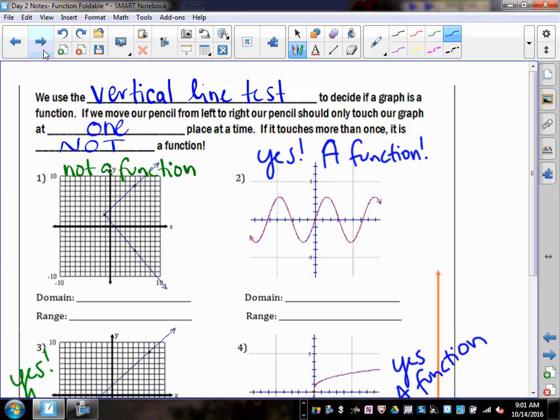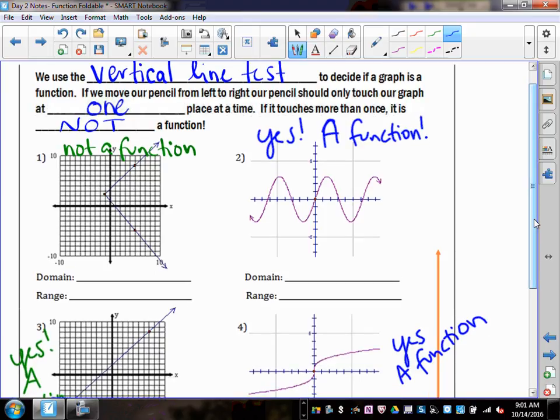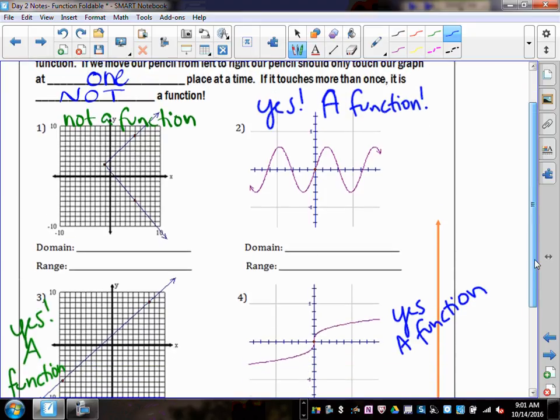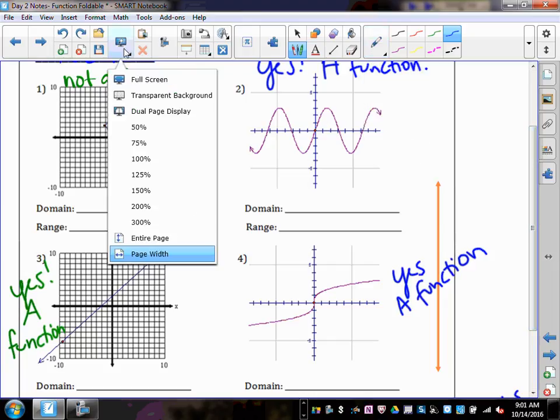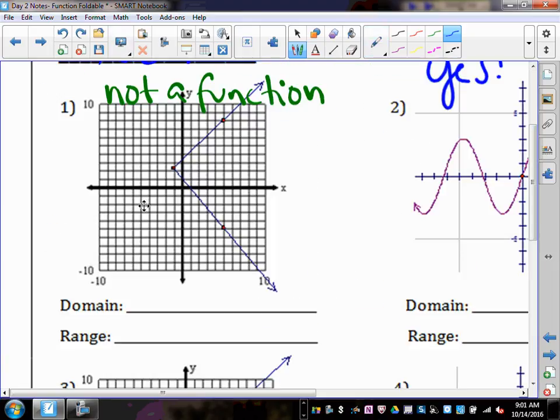Okay. So for discrete graphs, we had to list each individual point. But for continuous graphs, notice we have all of these values. If I look at this first function here, would you agree with me that we do have an x value of -1? And would you agree that we have an x value of 0?